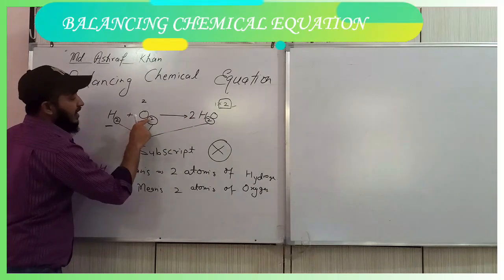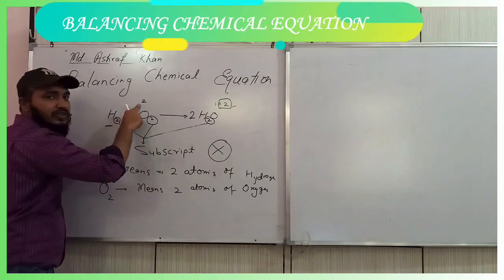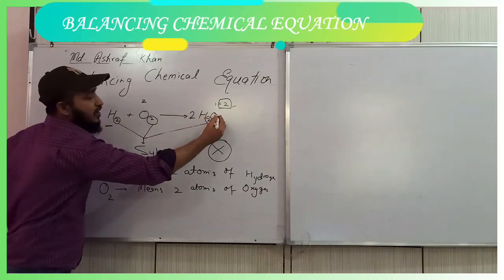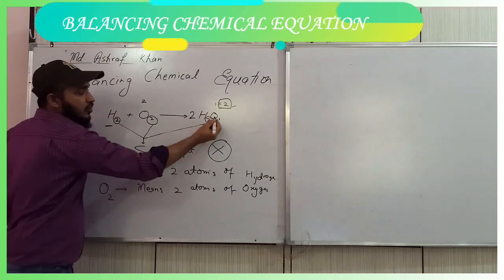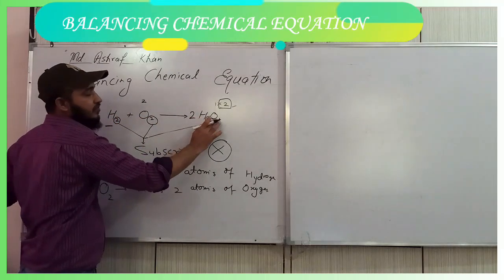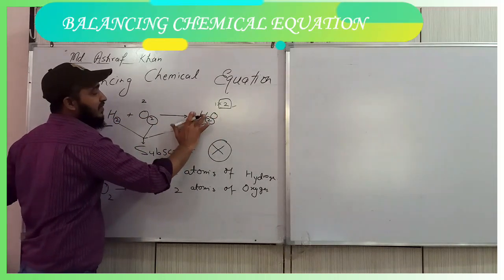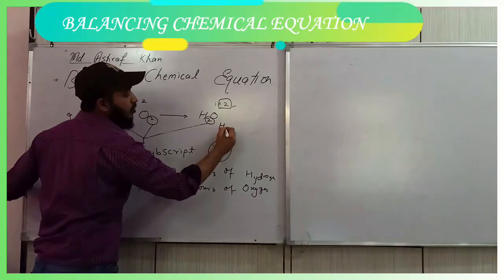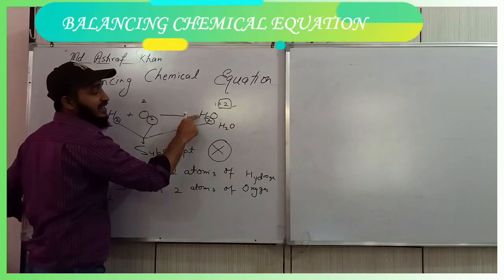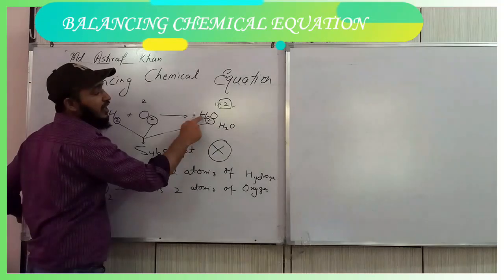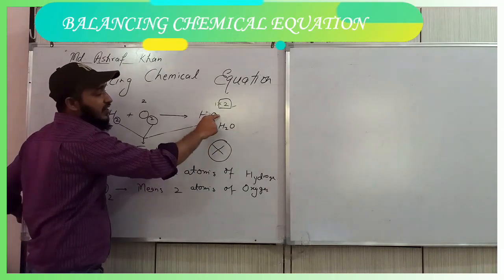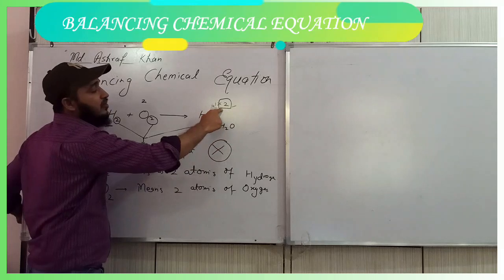Now again you see, here 2 is also considered as 2 oxygen atoms. If nothing is written here, it means here is 1. So 1 multiplied by 2. Or you can write it this way: if I write H2O 2 times, it is considered as 2 H2O molecules. So 2 H2O molecules contain how many oxygens? 1 and 2.